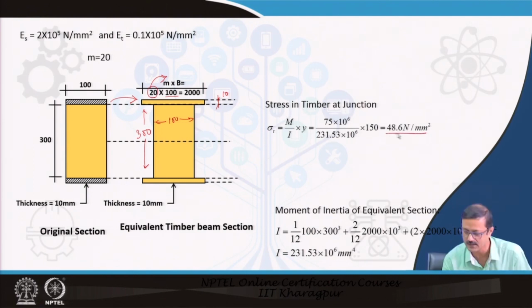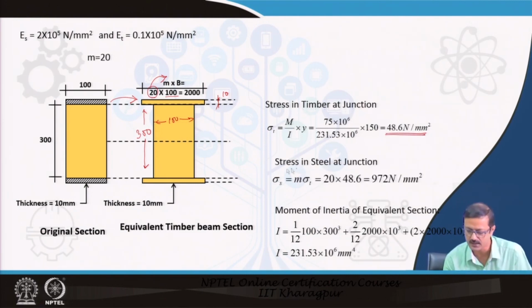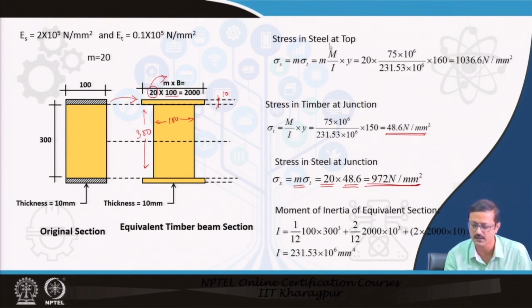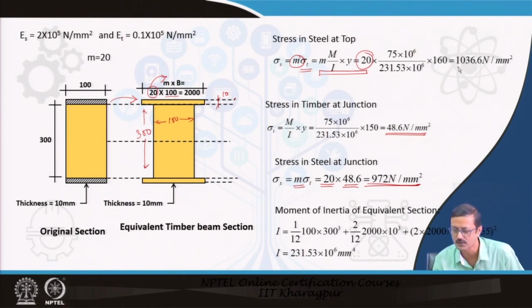So, the stress in the steel at the junction is m times, so 20 times of this, almost like 972, and for the stress in the topmost portion, first I found out the stress in the timber, and we multiply with m, the value of the modular ratio.